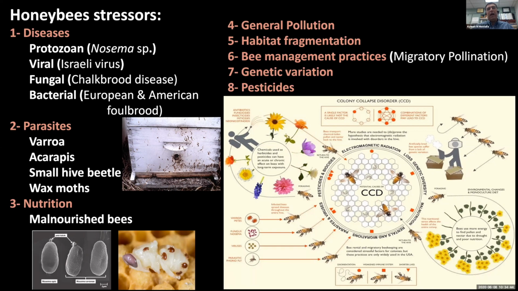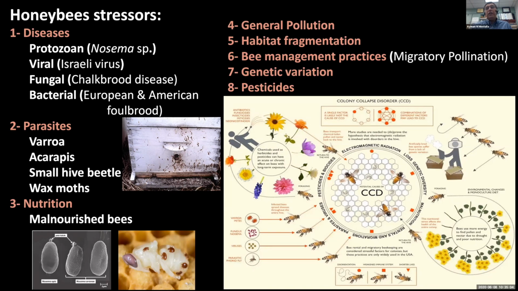So you can imagine how many bee colonies are moving to California. I used to work in central Canada, and we used to move bees from there all the way to California during the almond season. That's a lot of stress for these insects.